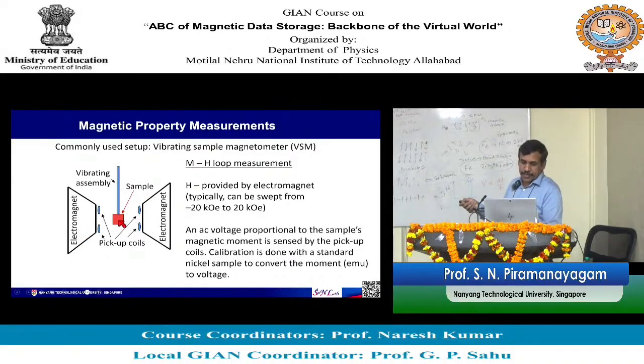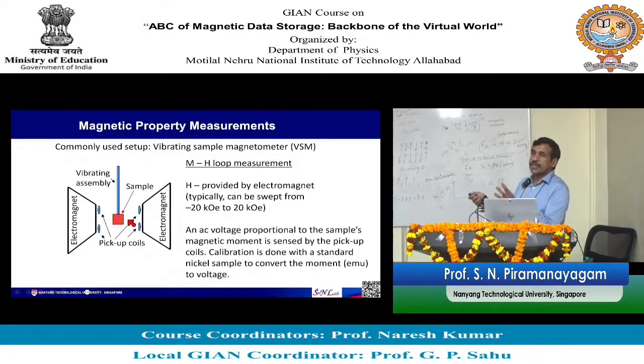So, you can see we place the sample here. This is the sample we want to measure, and this sample is placed between 2 electromagnets. With these electromagnets we can produce a magnetic field. Magnetic field can go from right to left or left to right.